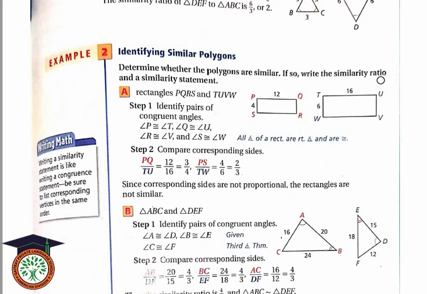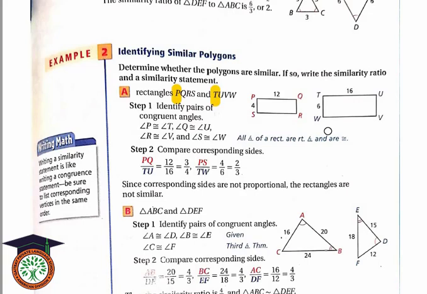A: I have rectangles PQRS and TUVW. We need to identify the corresponding angles first, which are angle P and angle T. They are equal. This is a rectangle and this is a rectangle, so all the angles are 90 degrees. So corresponding angles must be equal.